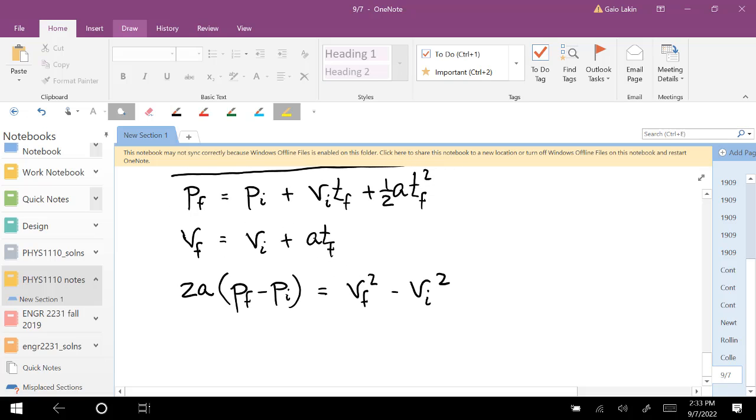And the meanings of the subscripts are: P initial and V initial are the position and velocity when time is equal to 0.